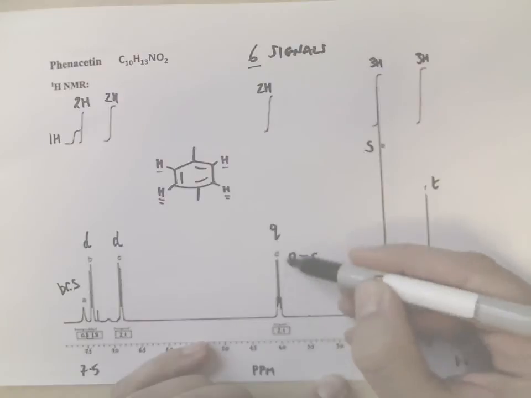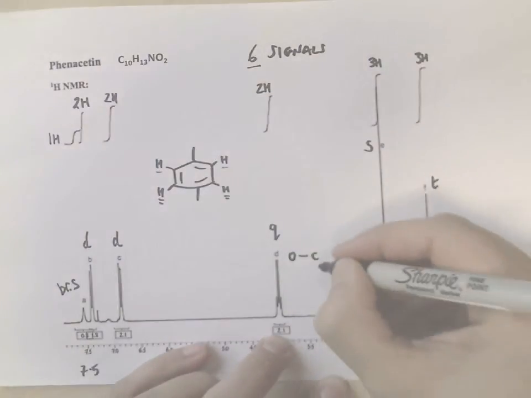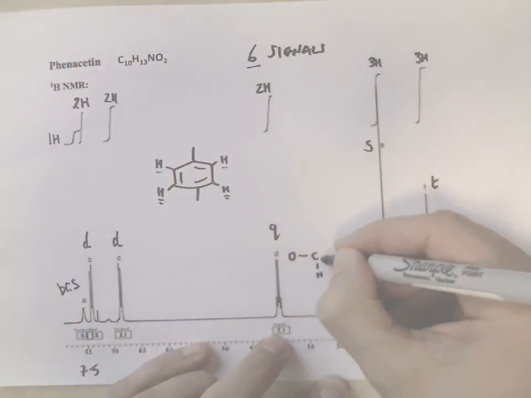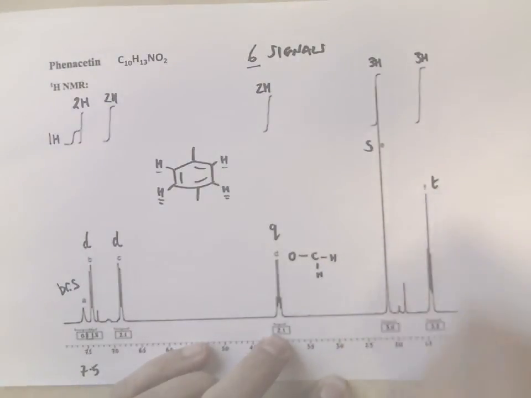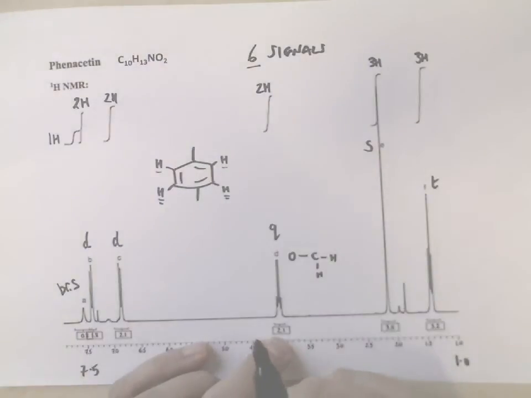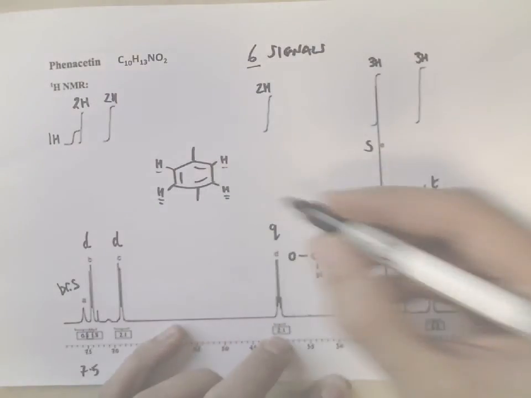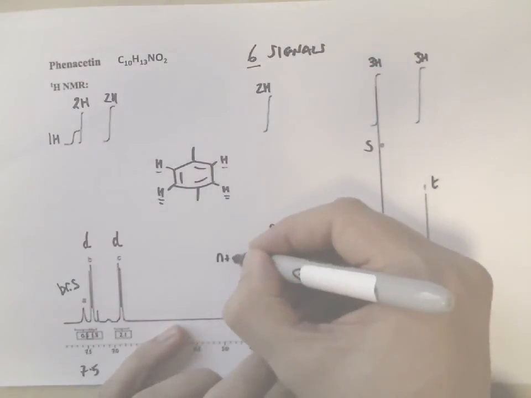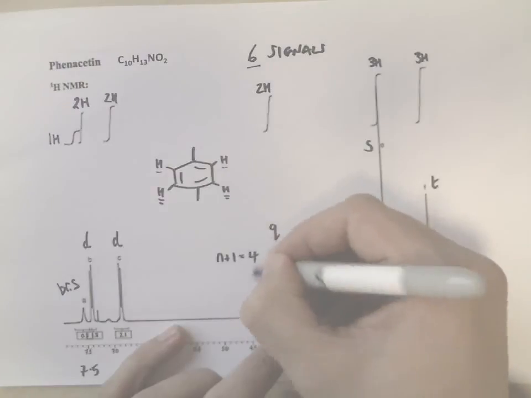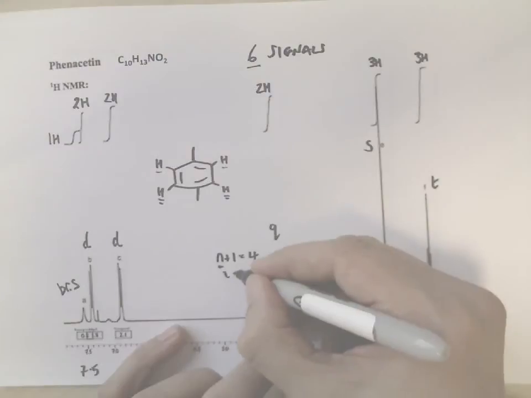But notice that this integrates to 2 hydrogens. So in fact this must be a CH2. And also notice that it's split into a quartet, which means that if the n plus 1 rule equals 4, then n equals 3.